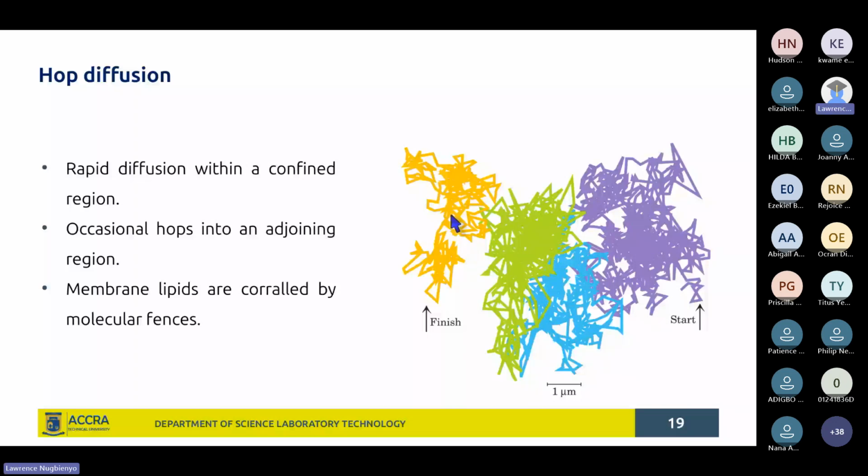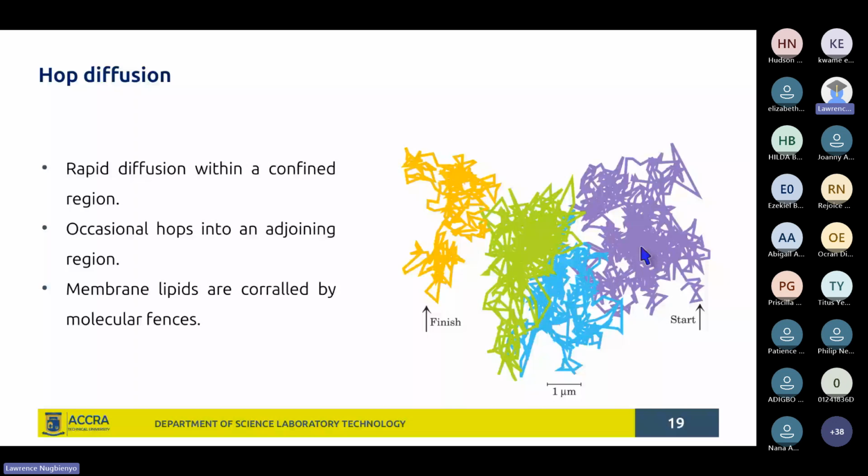And so you see this phospholipid, which, let's say, the yellow or the orange movement is looking at the movement of one phospholipid. The green is also looking at one movement of a phospholipid. The blue, the same, and then the violet. And you can see they are all moving within the same regions for a very long time, and then they hop to one place and then they come back.